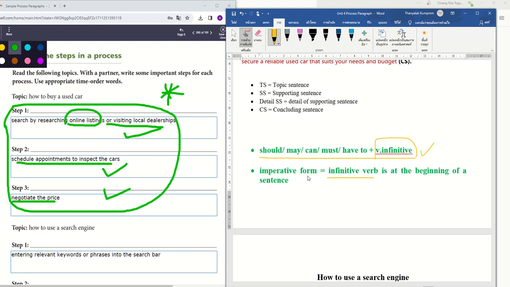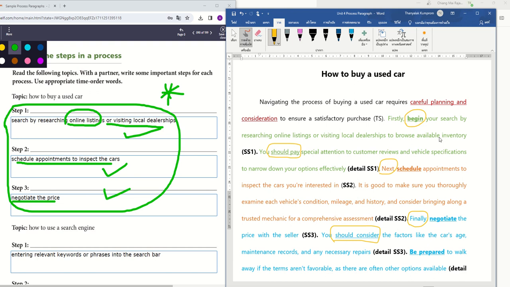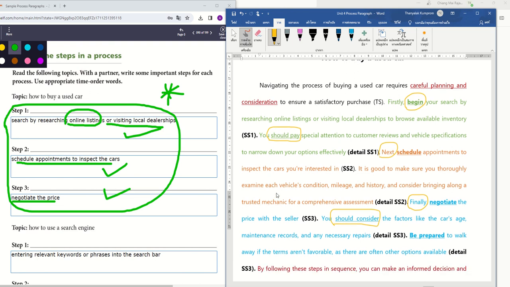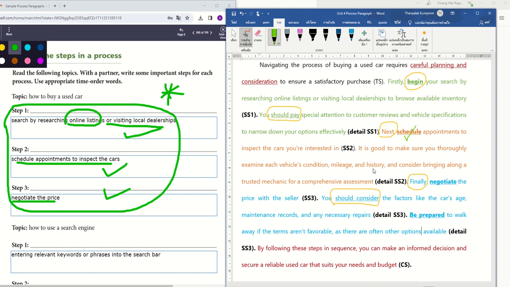Next is imperative form. Imperative is infinitive in the beginning of the sentence. Example: schedule. Let me change color into the green one. Here, schedule appointment.